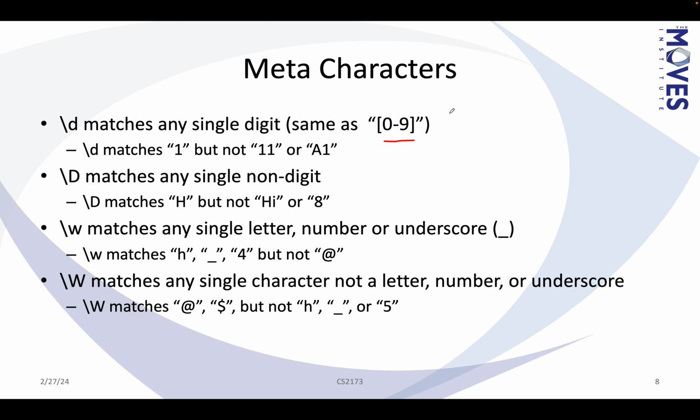So they say 0 through 9, you say matches any digit, and they said, well, let's have an abbreviation for that. The meta characters are escaped. You understand the notion of escaping something with the backslash, which is why the vestiges of decisions in the past.